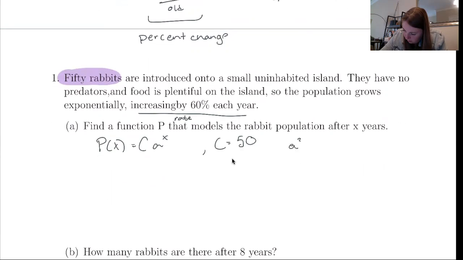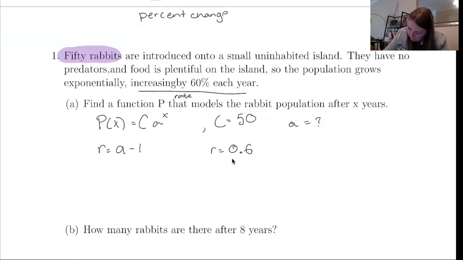Well, what about a? Well, remember that we found out that r equals a minus 1. And r right here is 0.6. We kind of talk about rates as percentages, but when we're doing math with them, we really need to put them in decimals.